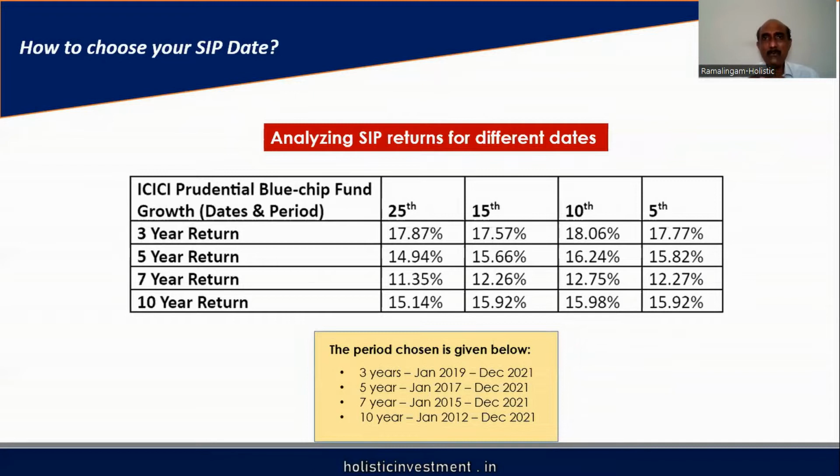There is no vast difference like 3%, 5%. No, it is between half a percentage to maximum of 1%. That's all. When we have taken into account this particular fund, this is the case.